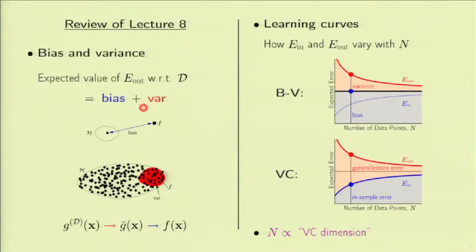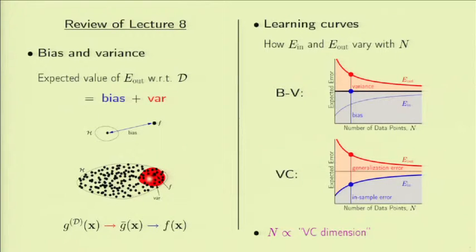So in the bias variance decomposition, we basically had two hops from the final hypothesis you produce based on a particular data set into the target function, which is what we are trying to approximate. The intermediate step was the new notion, which is the expected value of the hypothesis with respect to D. And the jump from your actual hypothesis to that fictitious hypothesis describes the variance, because here is the centroid of this, which is the g bar, and you are somewhere here.